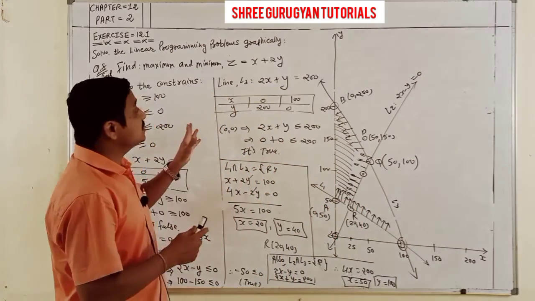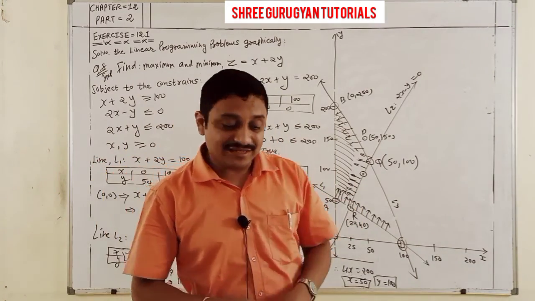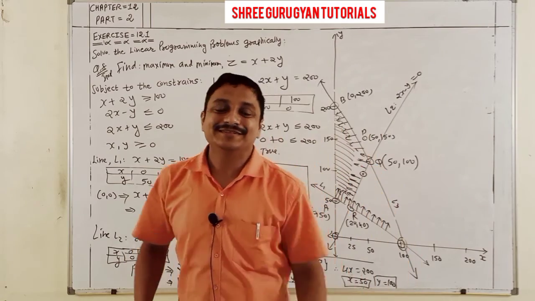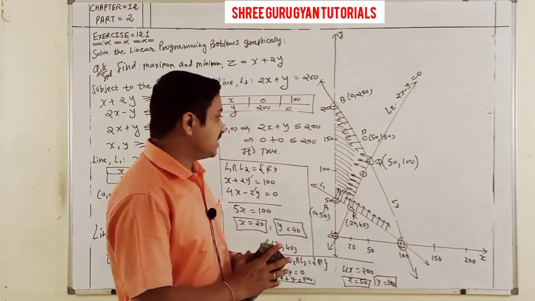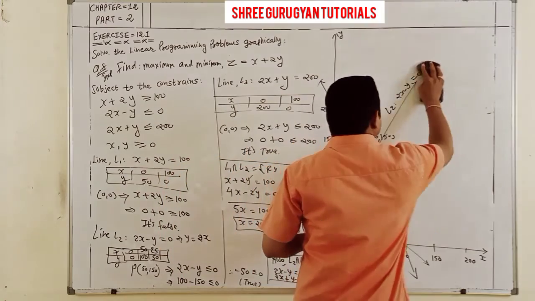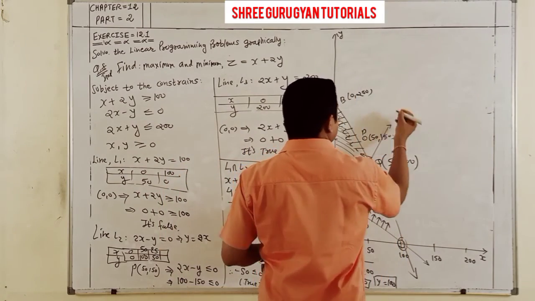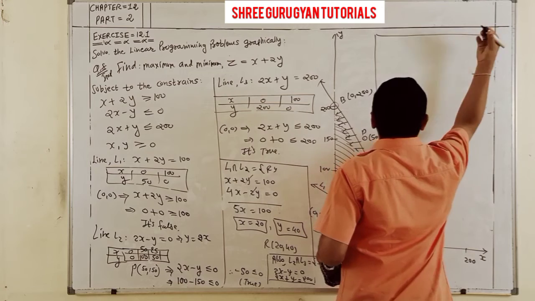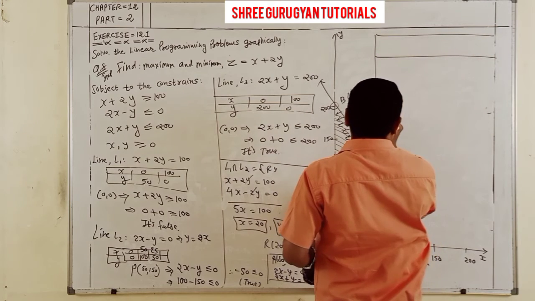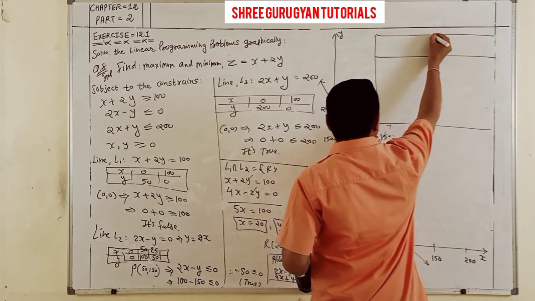And now, students, I will define my final table solution. So now in the table, we decide the minimum and maximum values in these values.